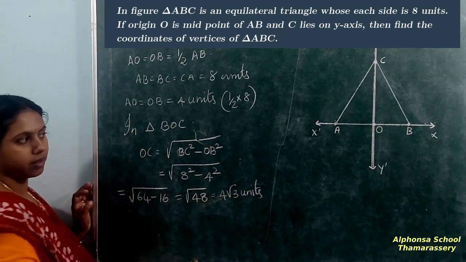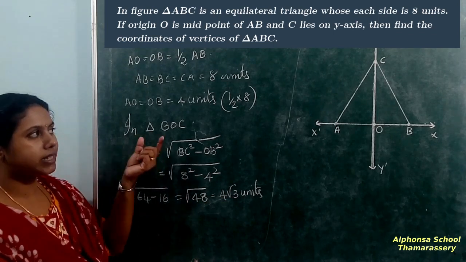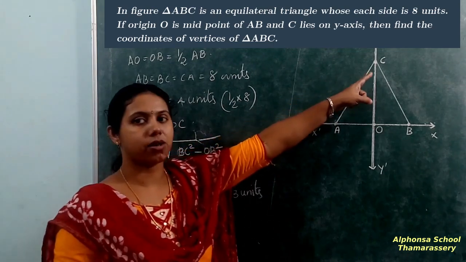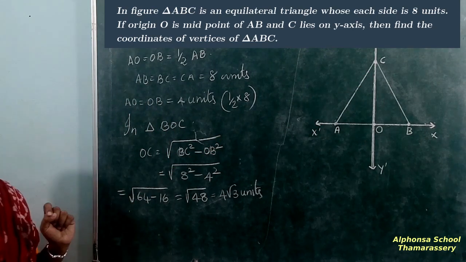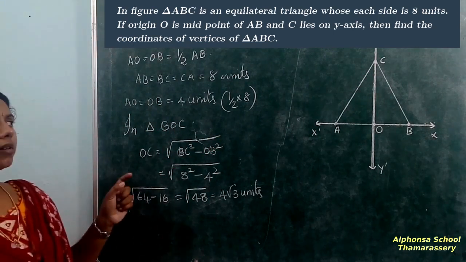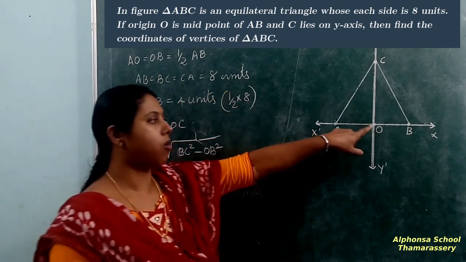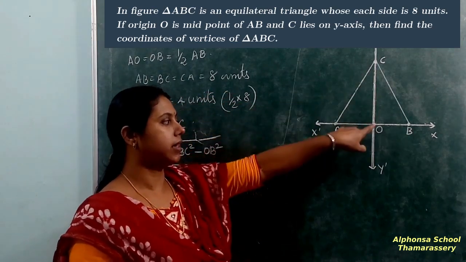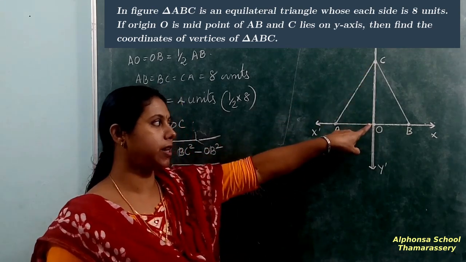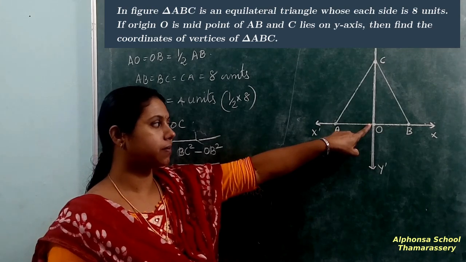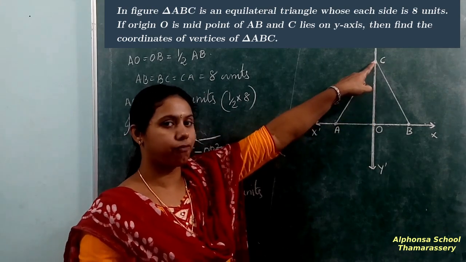Here we know that the point C lies on the y-axis. Therefore, the distance from the origin to the point, the length of OC, is 4 root 3. That means the distance from the x-axis to the point is 4 root 3.